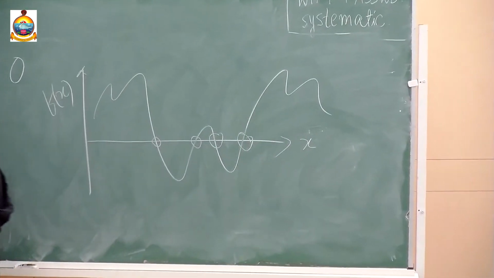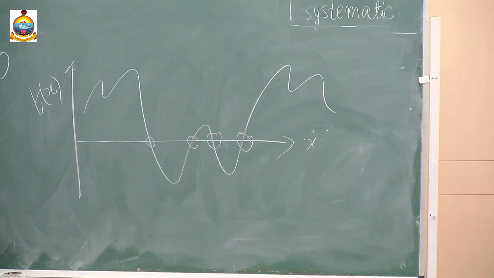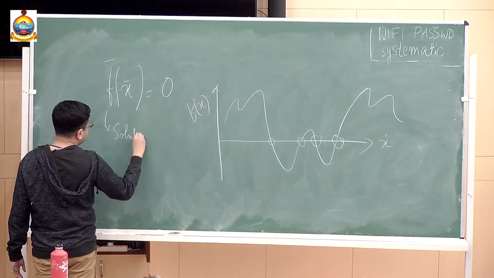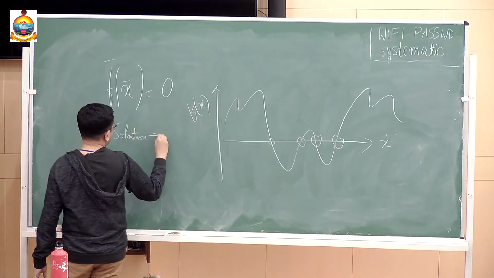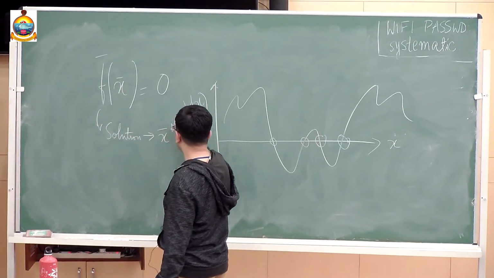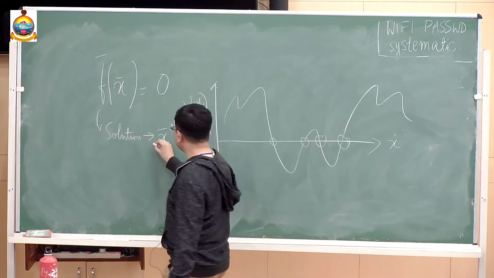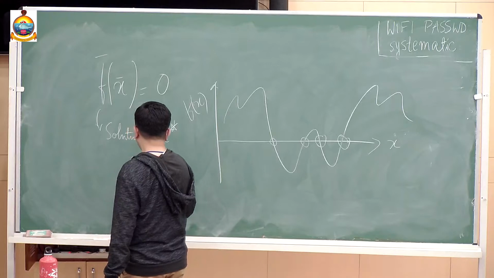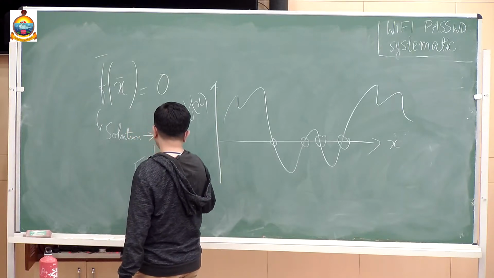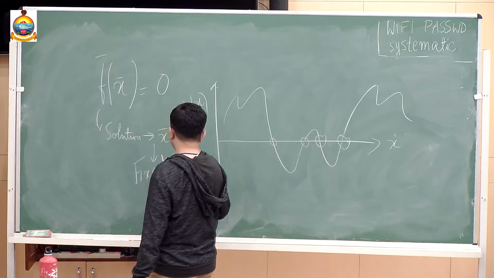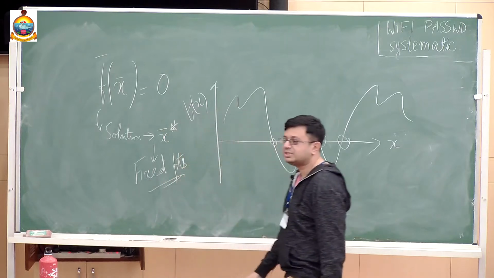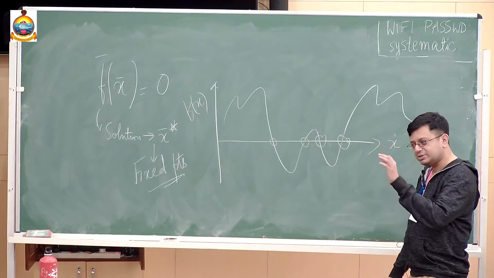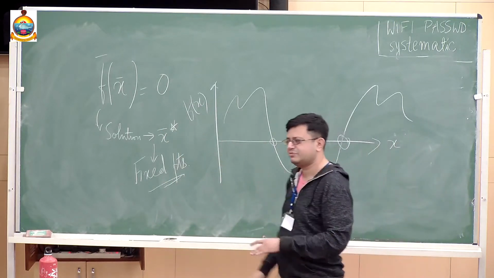So these points, the solutions of this equation, let me denote them by x star, and these are known as fixed points. Okay, these are the fixed points of the dynamics, because if you start from there, you remain there forever.